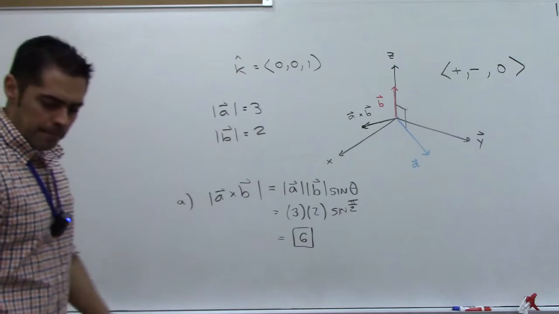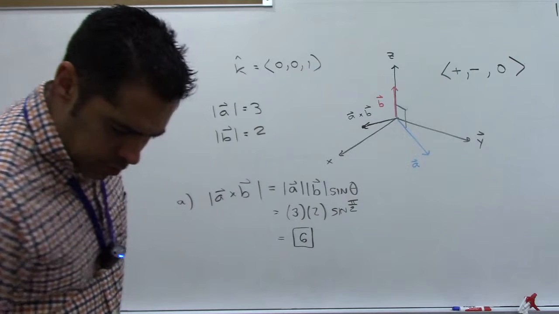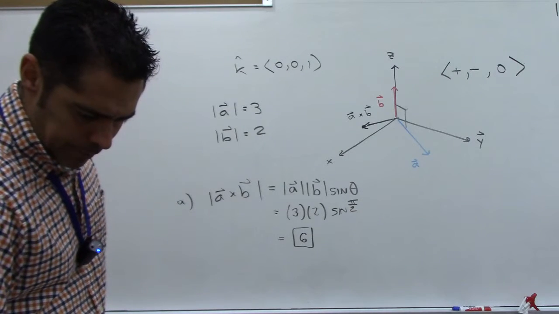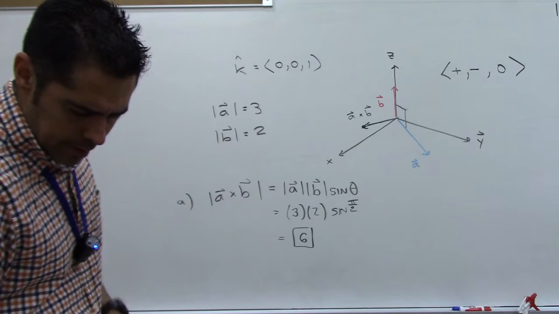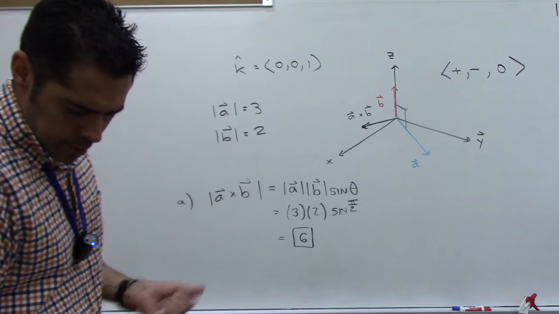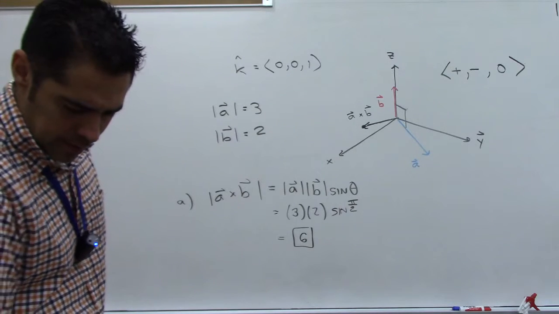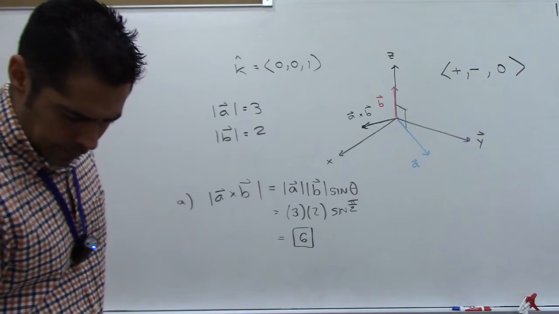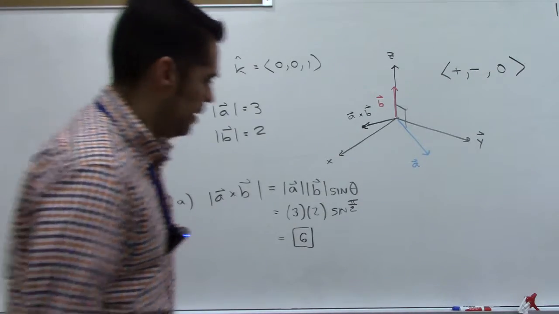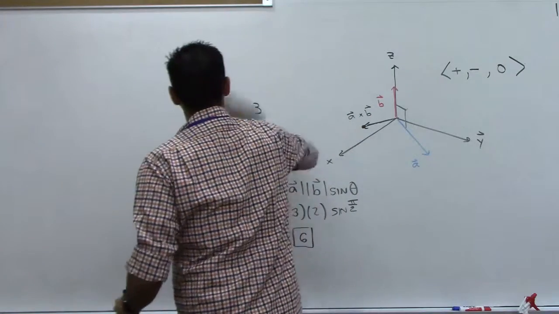All right. So now we move on to 23 through 31 odd. So 23, prove property 1 from theorem 8. I'm only going to do one of these, okay?